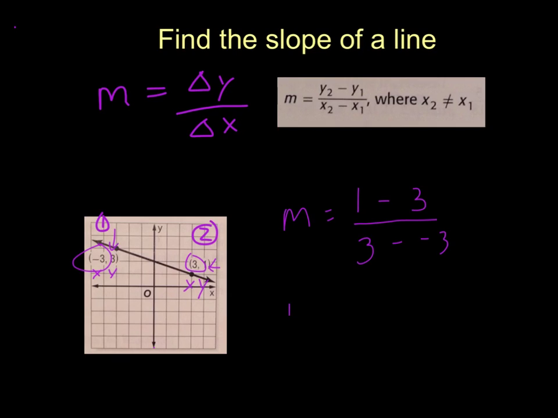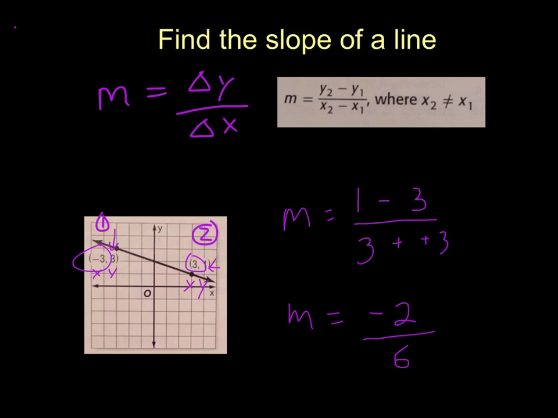Okay. So m equals 1 minus 3 is negative 2. Okay. And 3 minus a negative 3. Remember, when I'm subtracting negatives, I can change the sign to addition, as long as I make the opposite of the negative, which is a positive, so that becomes 3 plus 3 is 6.